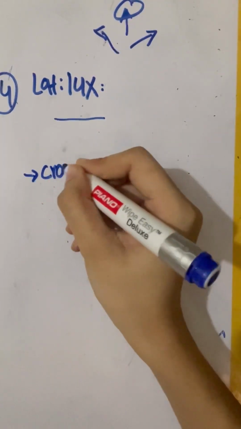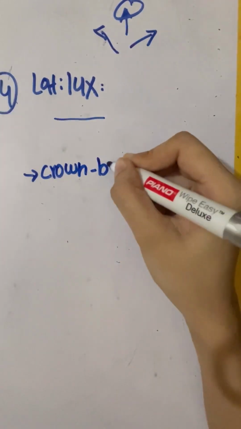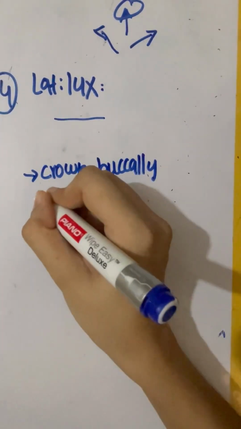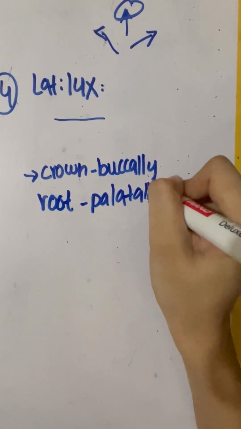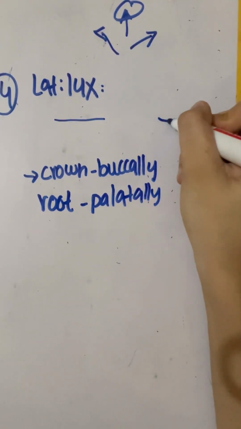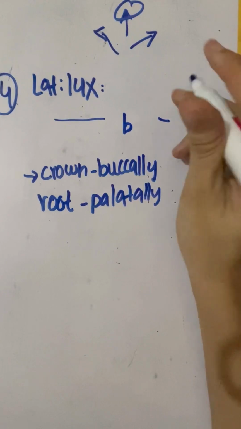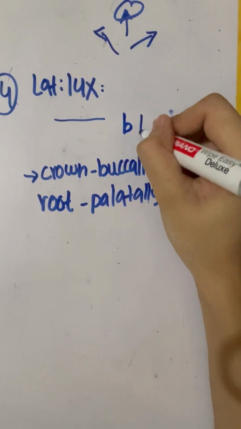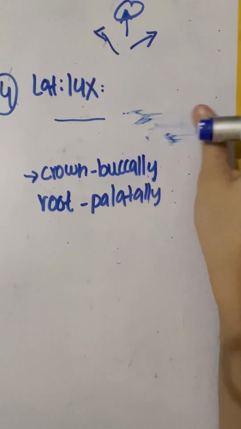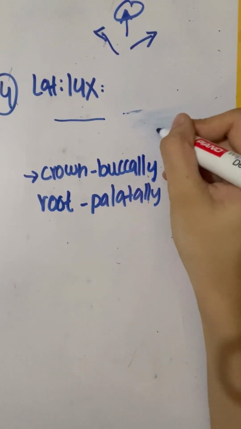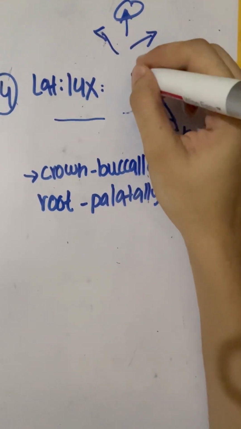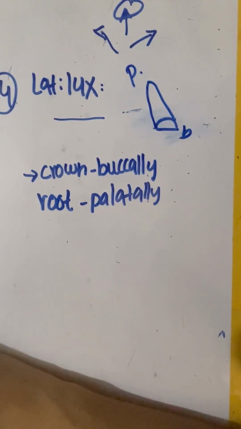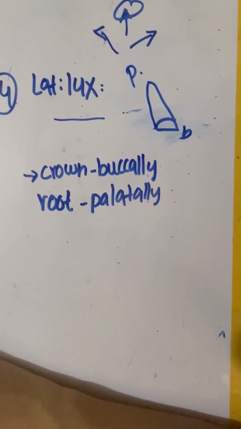If the crown is going buccally and the root is going palatally, for example, this is the buccal side, this is the palatal side, then we have to extract the tooth.